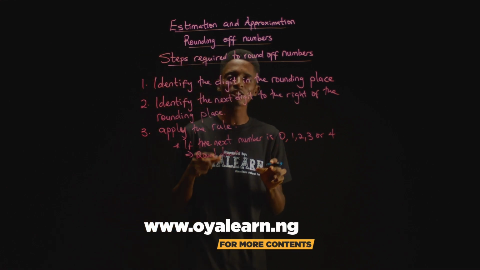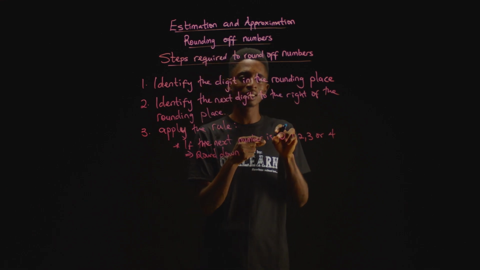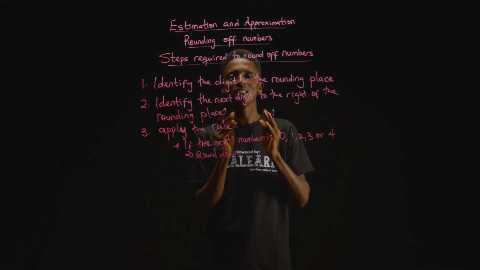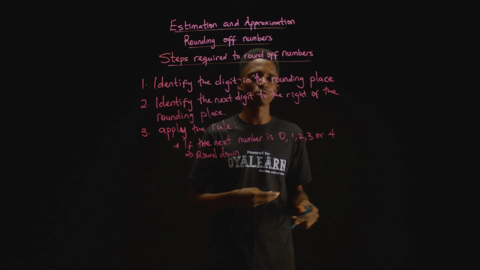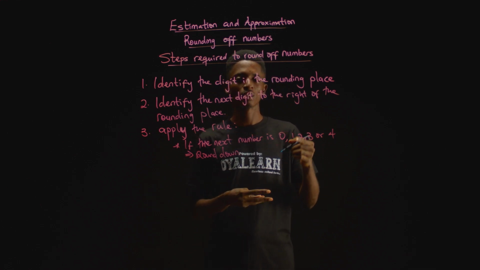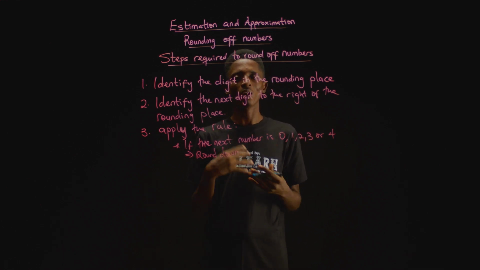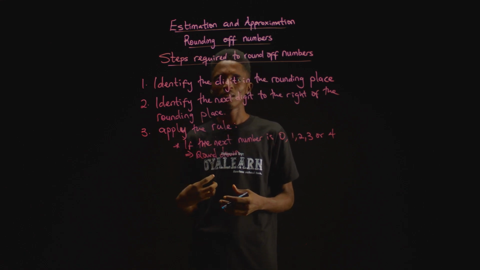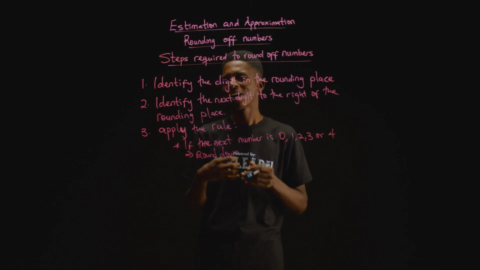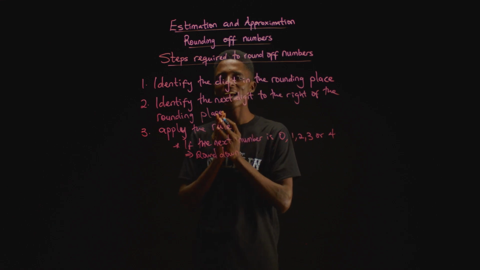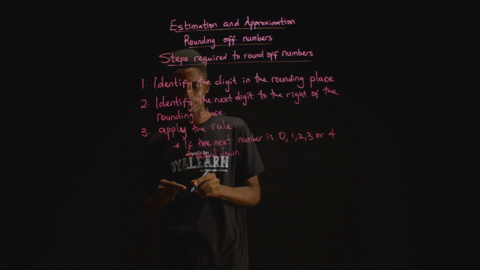That is, if the next number after the rounding place, like if my rounding place digit is 2, and then the next number to it is either 0, 1, 2, 3, or 4, what this means is that I have to round down. That is, I take every other number as 0, and I do not add anything to the rounding place.